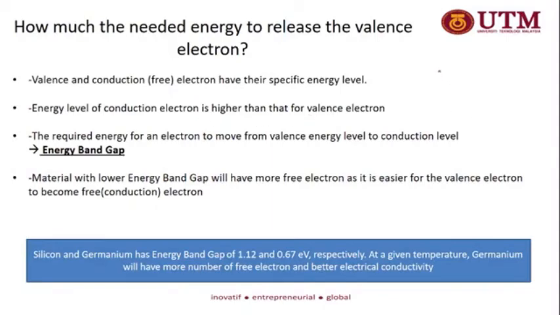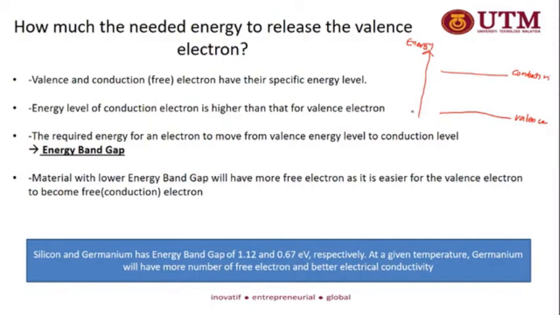If I draw it, let's say this is the axis of energy, we draw lines representing the energy levels. This is the valence level, and this is the conduction level. So the conduction level has a higher energy level than the valence level.